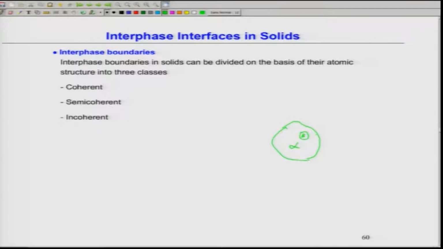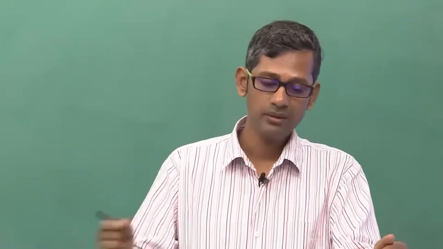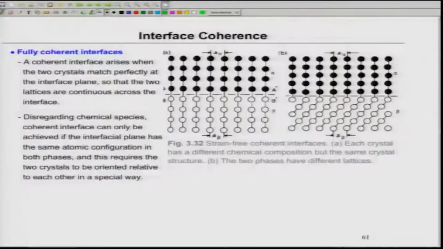We always say this is a phase boundary between alpha and beta. Such boundaries can be of 3 different types, as we have some idea from basic materials science. Depending on the atomic structure across the boundary, it can be coherent, semi-coherent, or incoherent. Right now it is not possible for you to understand these, but they are the 3 classes we will be talking about next.